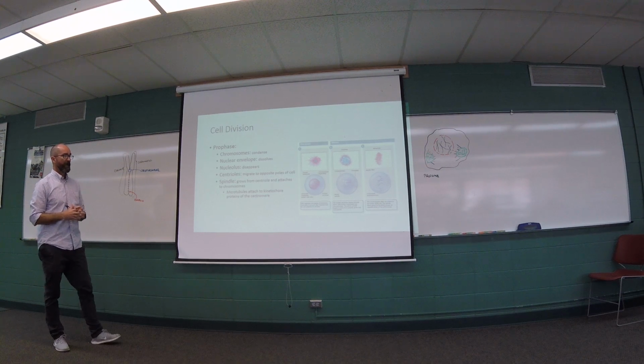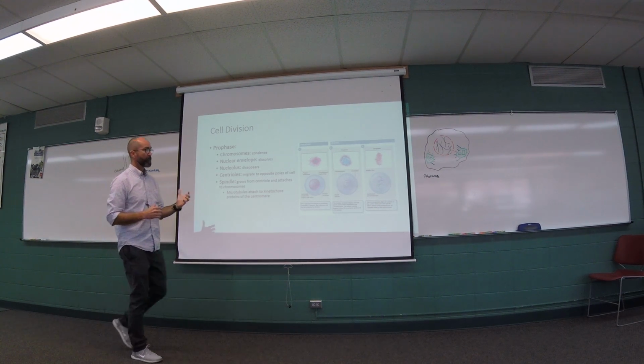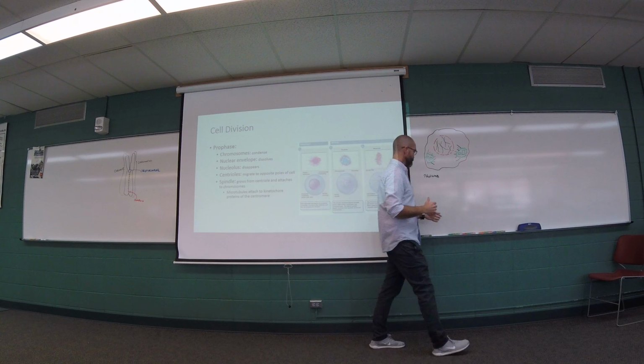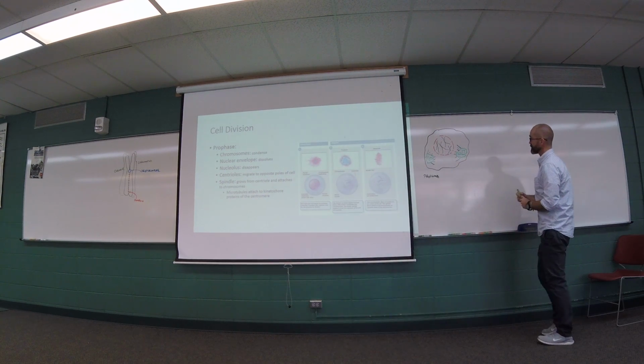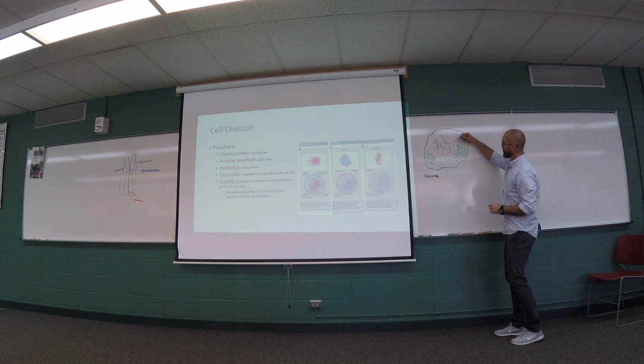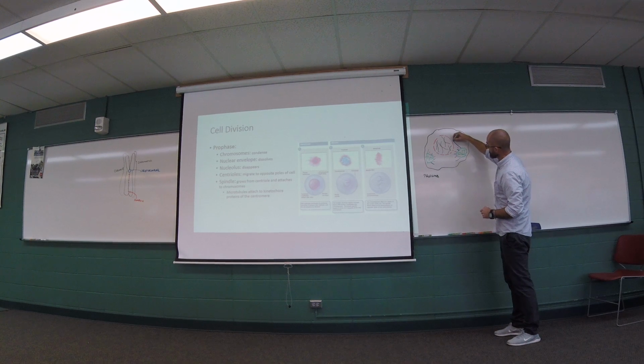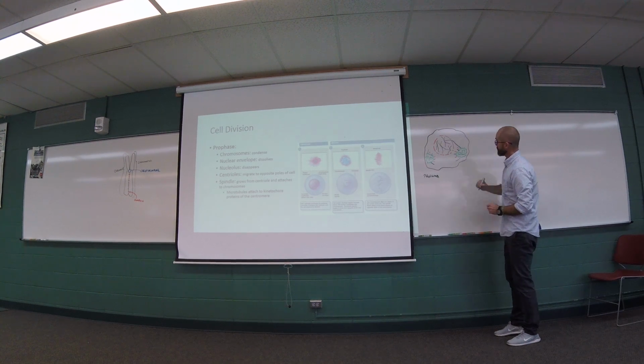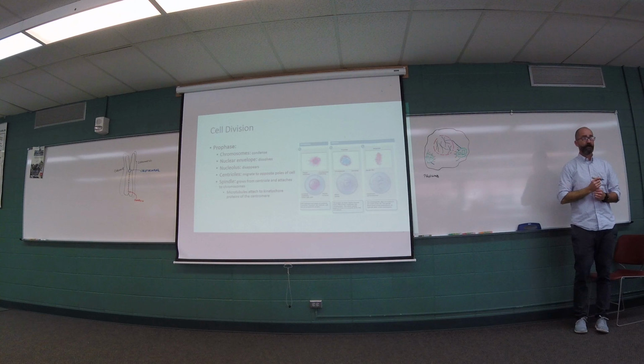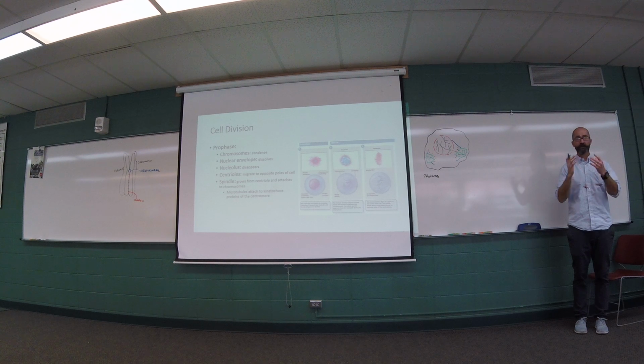Now, ultimately what's going to happen is those mitotic spindle microtubules are going to grow out, and they're going to attach to the centriole of each chromosome. And there's a particular protein that facilitates that attachment.